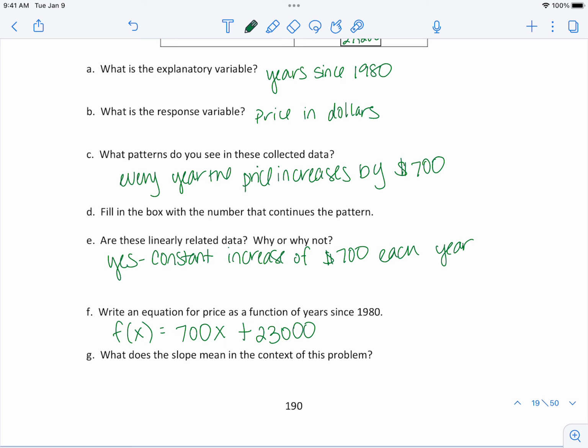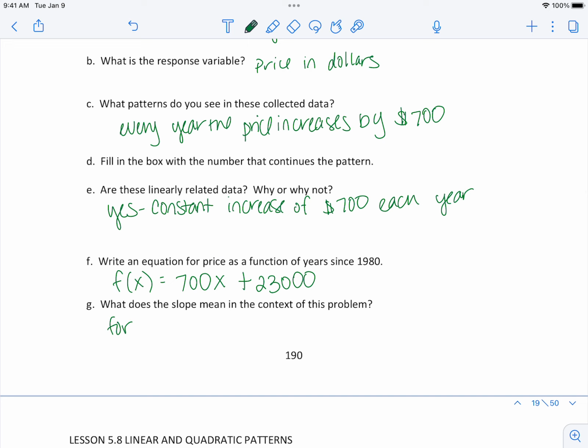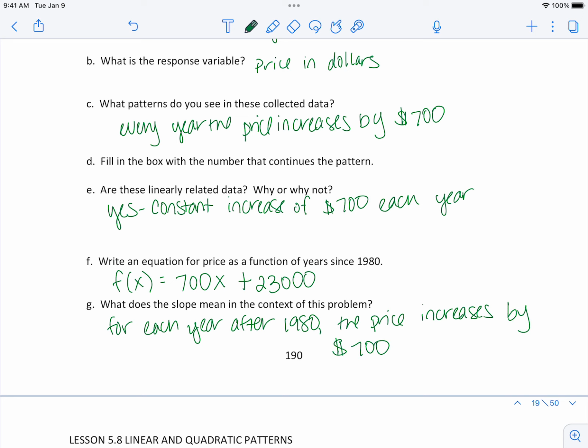What does the slope mean in the context of the problem? We would say for each year after 1980, the price increases by $700.